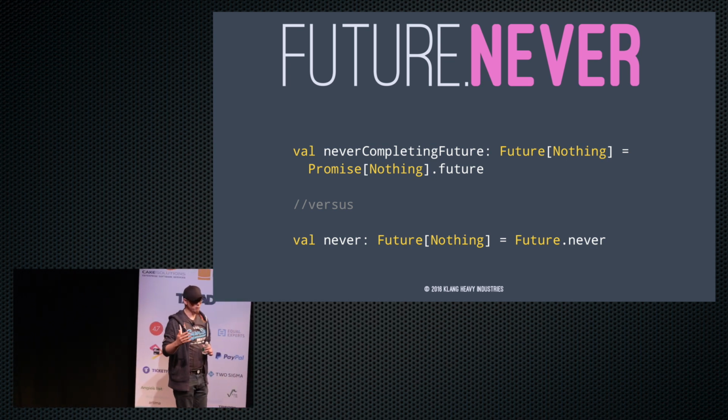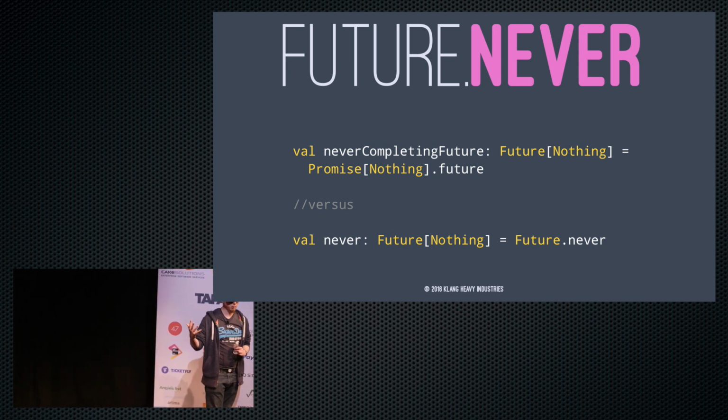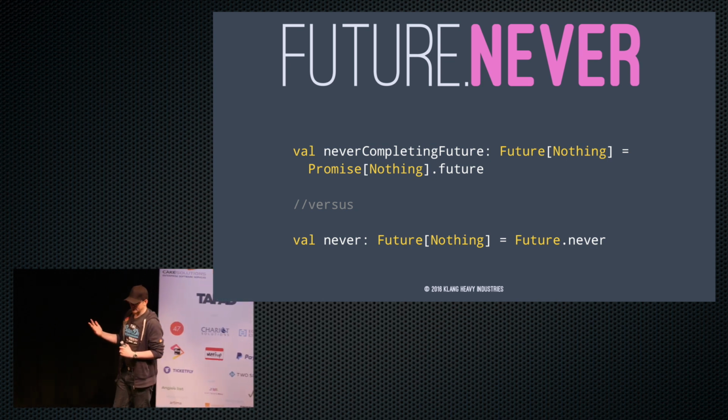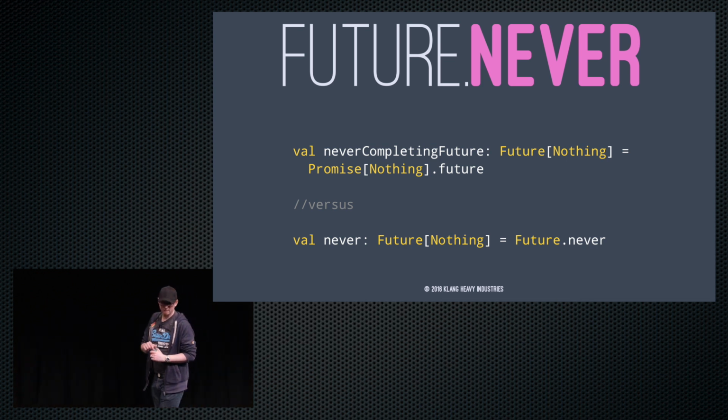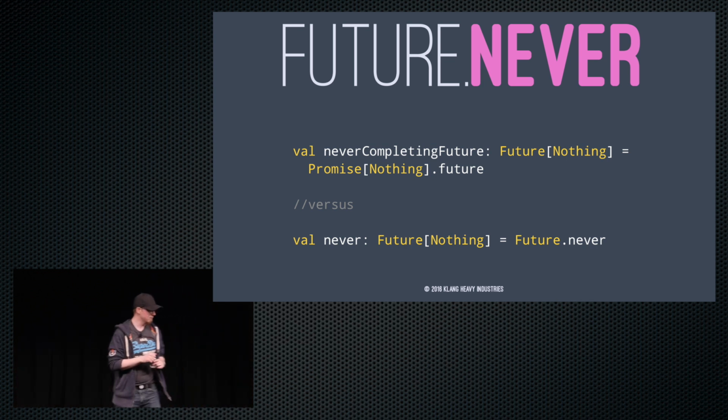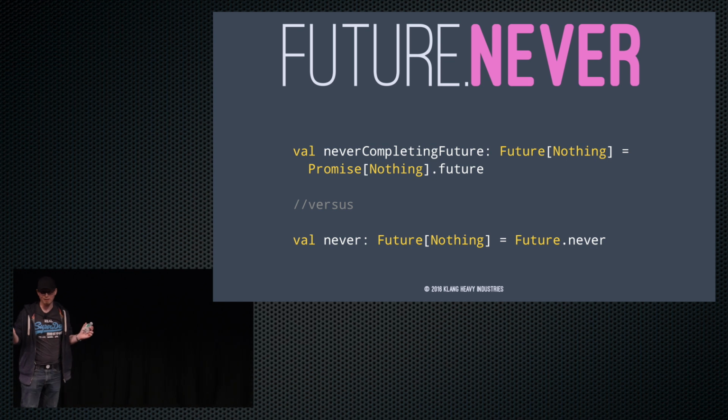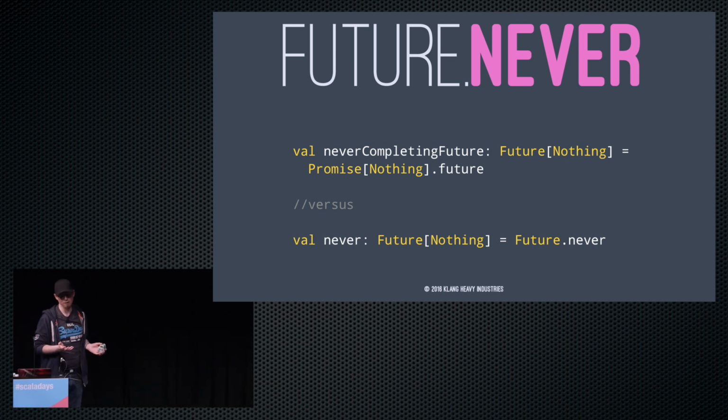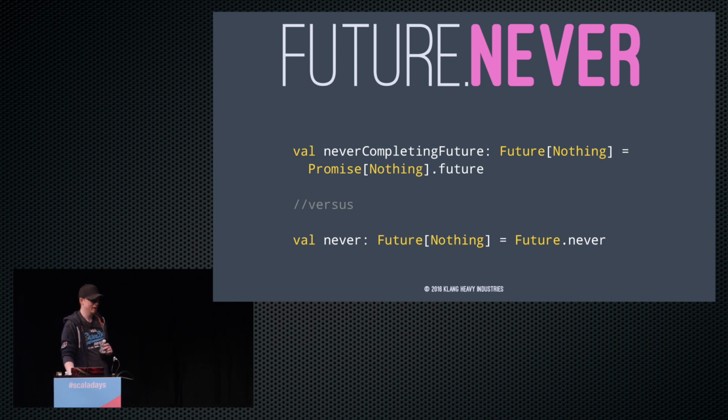But what happens if you want to represent a future that never completes and you pass that around in your program and somebody adds a gazillion callbacks to that? What happens? Well, you have a memory leak. Because it will gladly sit around there because it can never be completed because there is no value of nothing. There's no value of nothing. That's pretty deep. But there is a solution for that now. So you can actually pass around Future.never in the case you want to represent that. And that will not leak memory.